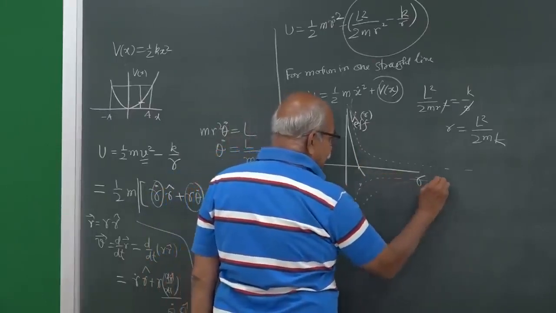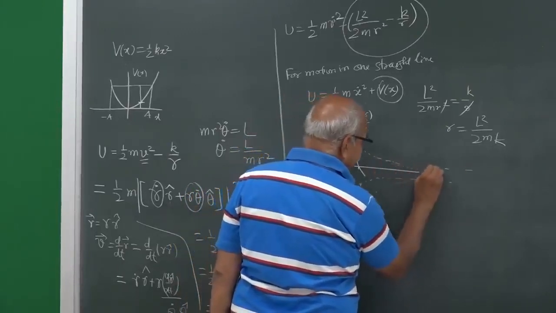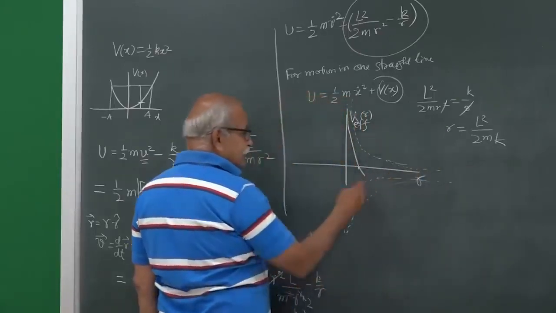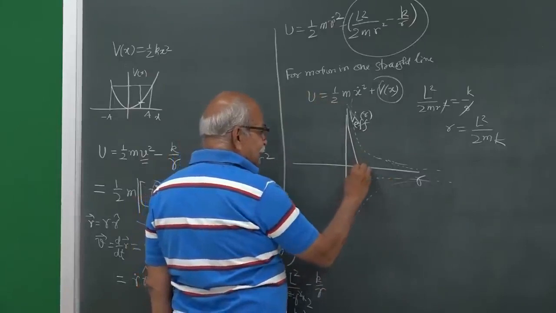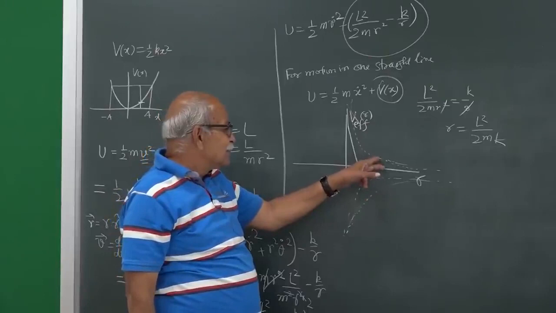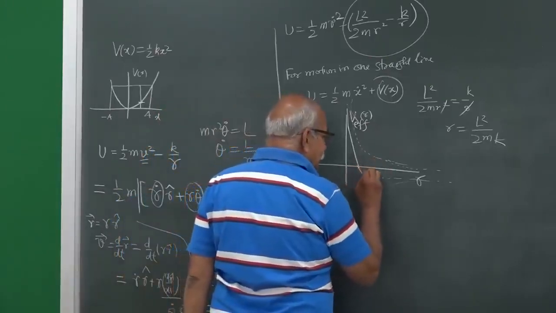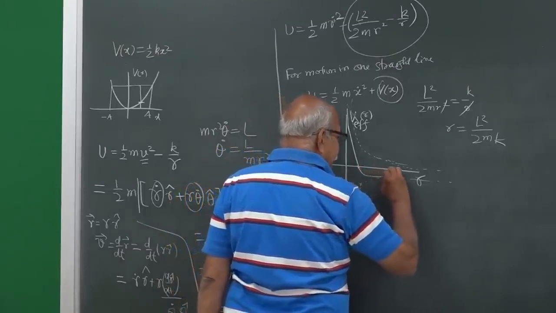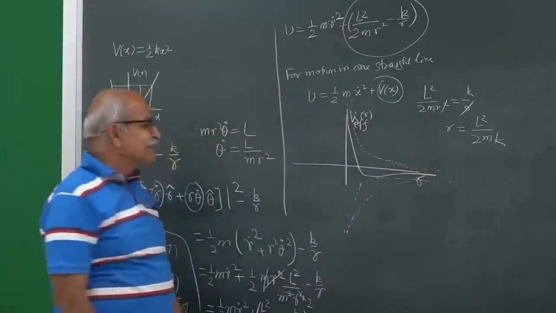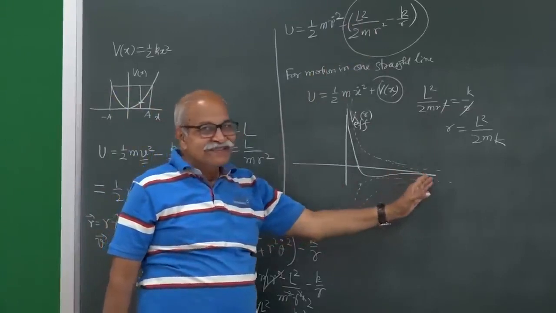The L square term will be falling much faster. Here they are equal, and therefore it will come like this. After this, the minus k by r term will dominate, and this will become smaller and smaller. So this whole quantity, if you plot, will be of this type.